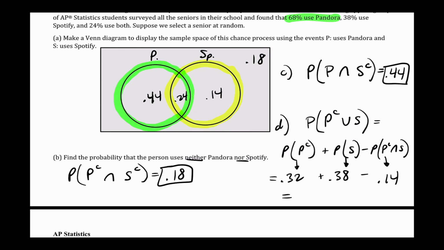So 0.32 plus 0.38 is 0.7 minus 0.14, 0.56. So there's a 0.56 chance that if I randomly chose one of these students, they would be a person who either doesn't use Pandora or uses Spotify.